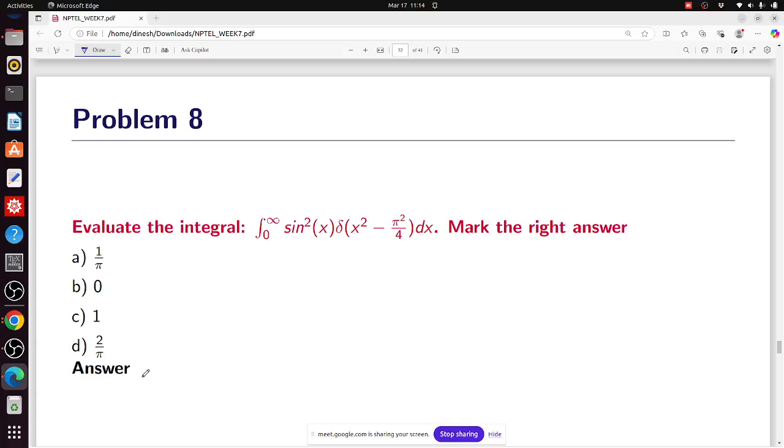Let's evaluate this integral using some of the properties of the delta function.